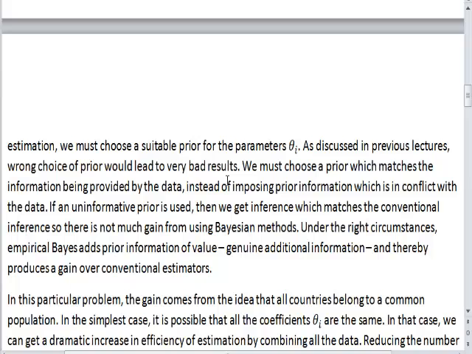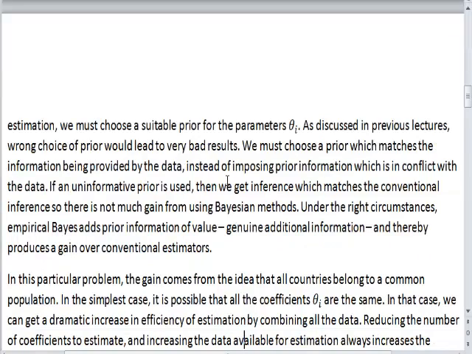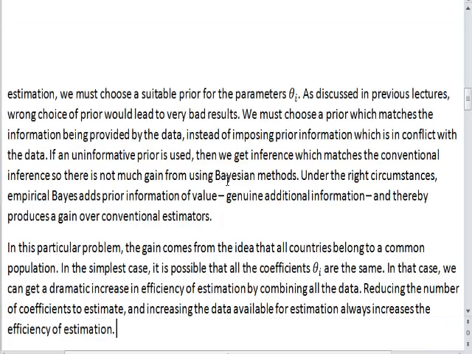Okay, so under the right circumstances, we get gain from empirical Bayes, because empirical Bayes adds prior information of value. Actually, this is important to understand, that Bayes is not magic.